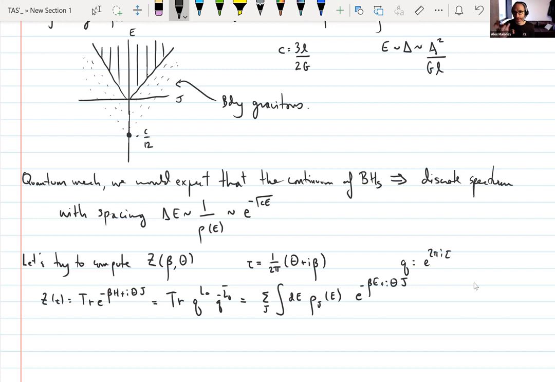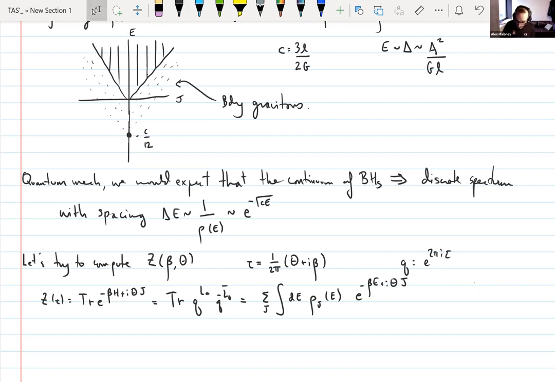That's just because of the periodicity of the angular coordinate. So we get that for free. However, the thing that we don't necessarily get for free is the quantization of energy as well. That's the target. Like in the ideal situation, for example, in an honest to God unitary compact conformal field theory, what I've called rho J of E here would be a sum of delta functions supported on the spectrum of the theory.